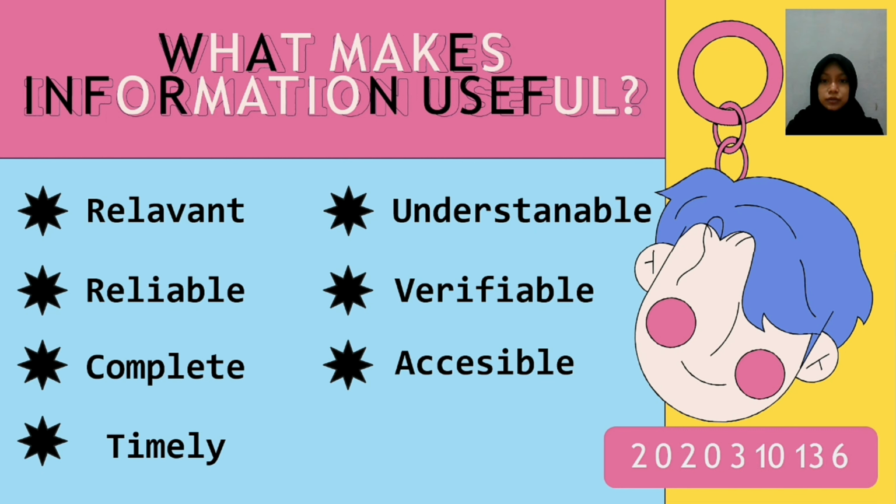What makes information useful? Number one, relevant. The capacity of information to make a difference in a decision by helping users to form predictions about the outcomes of past, present, and future events, or to confirm or correct prior expectations.